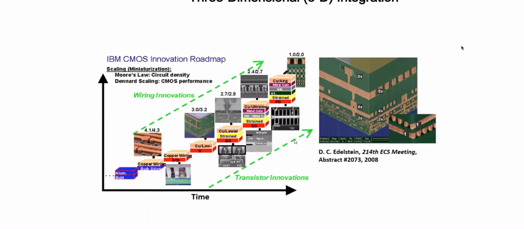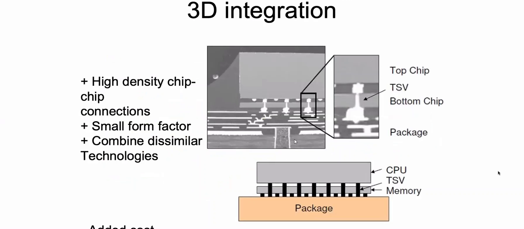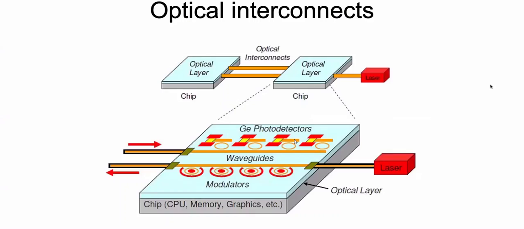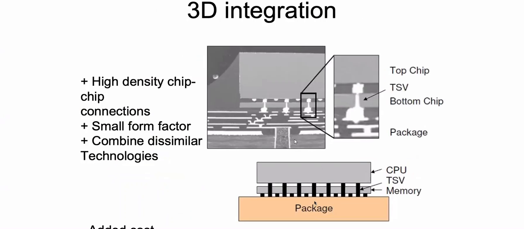One of the solutions is to go to 3-dimensional integration. I will skip this slide. I would want to go to this slide. In a 3D integration, the most obvious design, which was presented in 2009, is to have the CPU on one layer, on one wafer, your memory on a different wafer, and we can pack them together in a package.